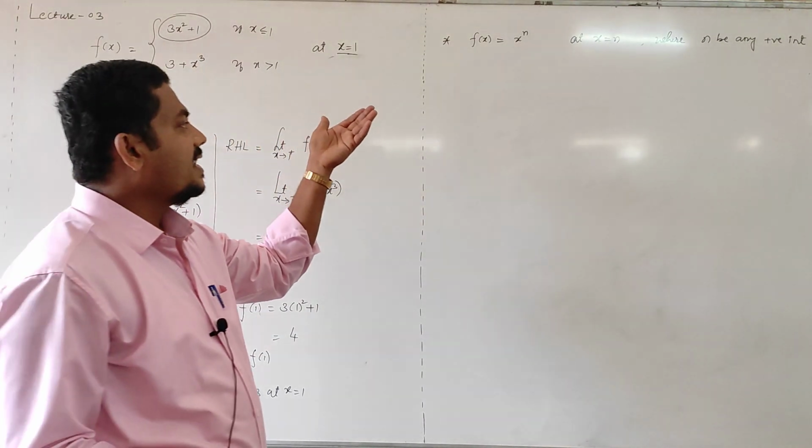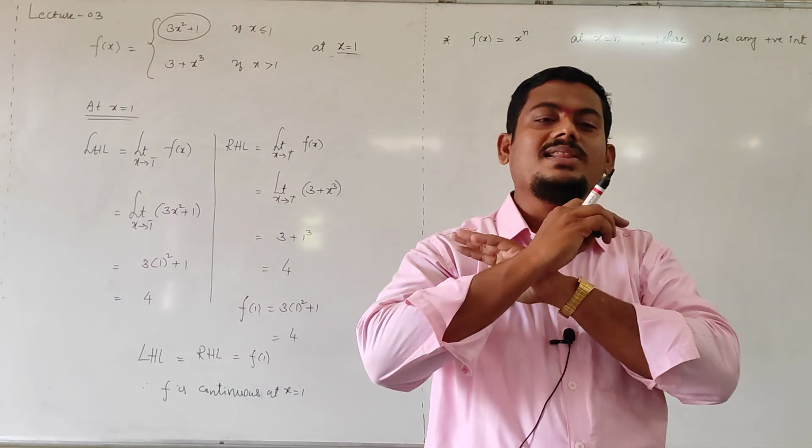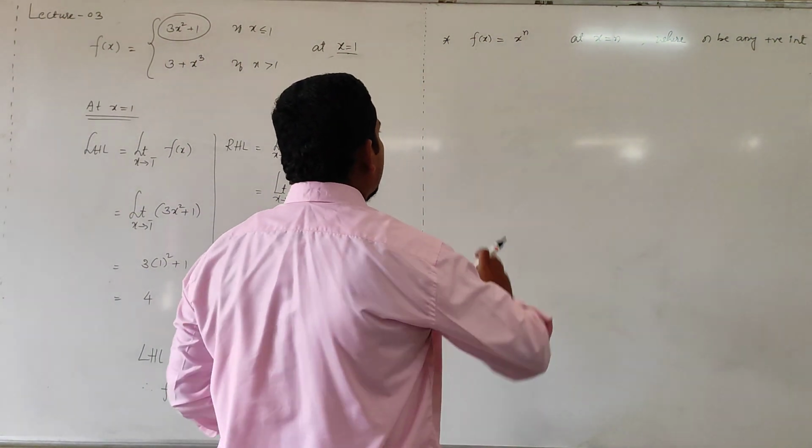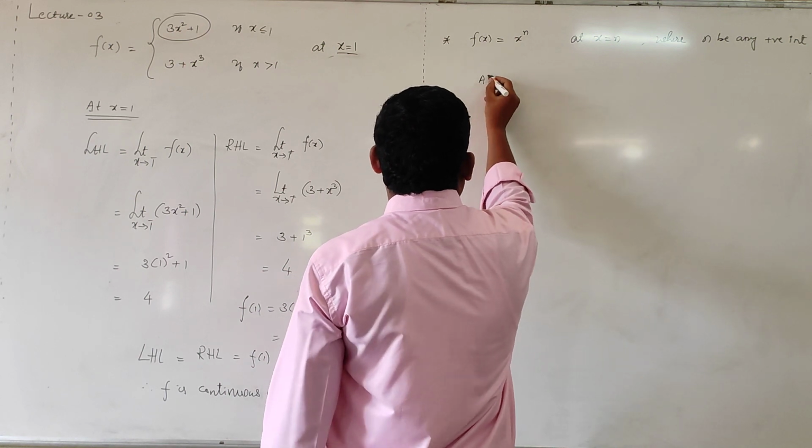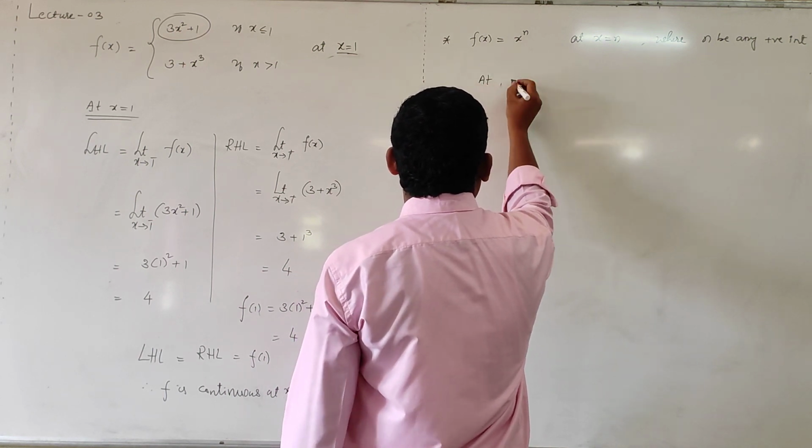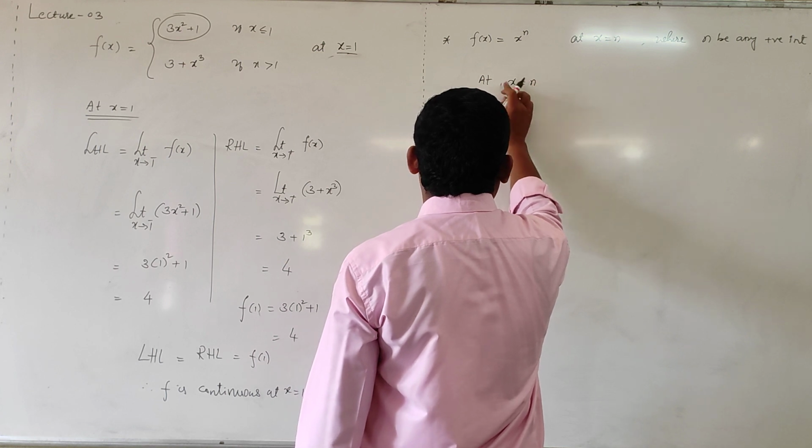In this case, function is not defined differently. For all the numbers, same function only, right? So, for left hand limit, right hand limit and functional value, same function only.